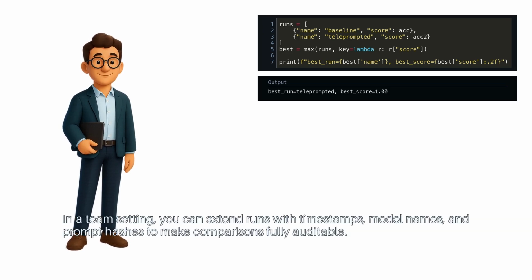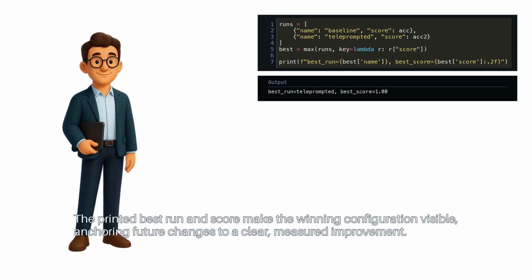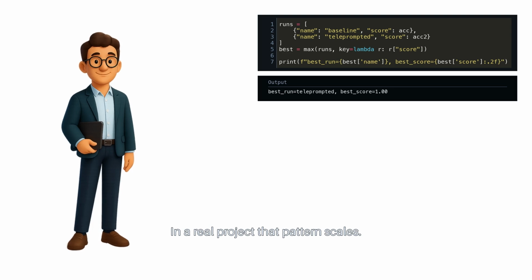In a team setting, you can extend runs with timestamps, model names, and prompt hashes to make comparisons fully auditable. The printed best run and score make the winning configuration visible, anchoring future changes to a clear, measured improvement.